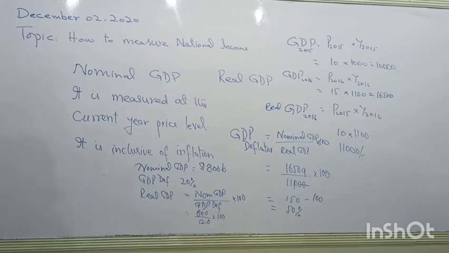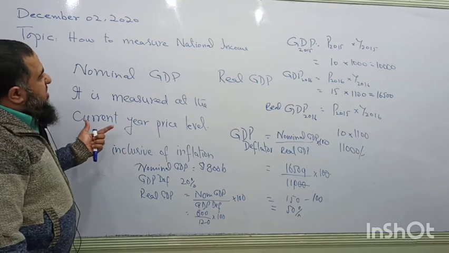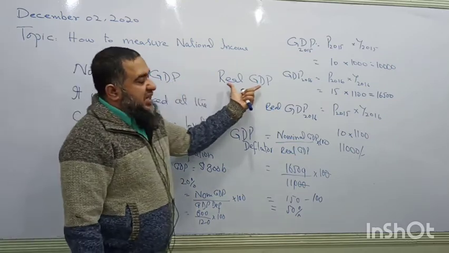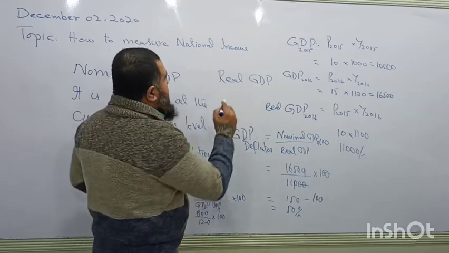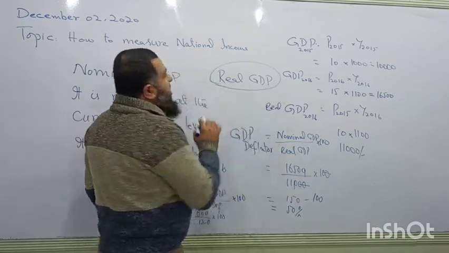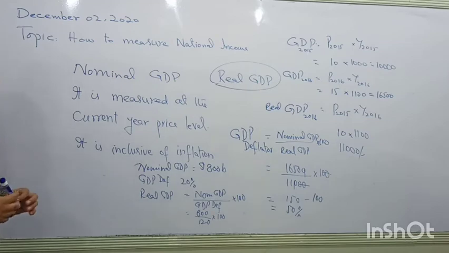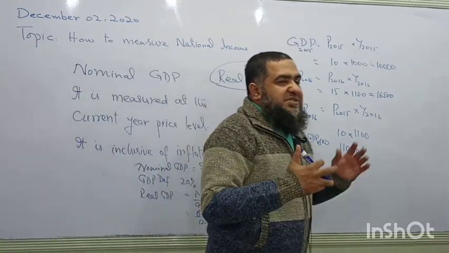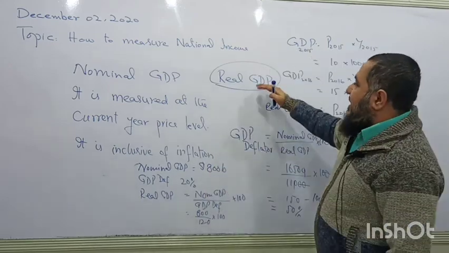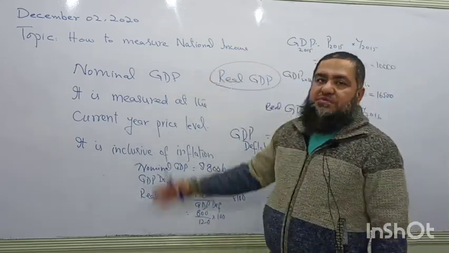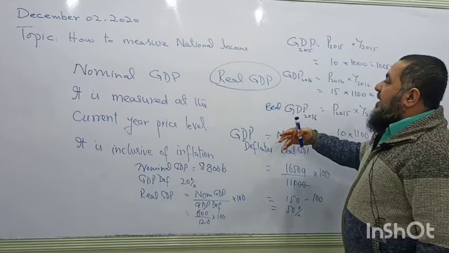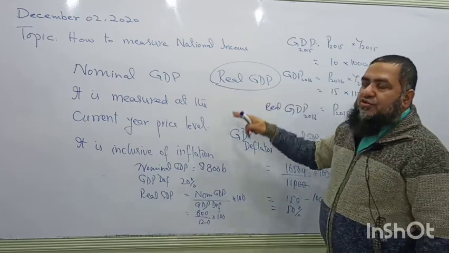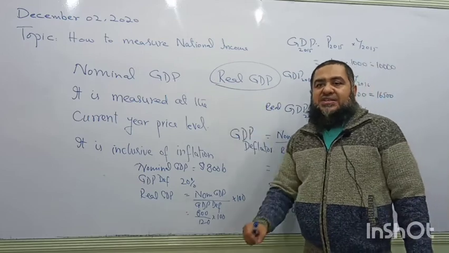Keep it in mind, we are not measuring the GDP growth rate in nominal terms. We are using the real GDP growth rate over the period of time that is being used by the countries. Okay, how much in percentage our real GDP has increased, not the nominal GDP. And the real GDP per capita can be found by dividing this real GDP value by the population size.